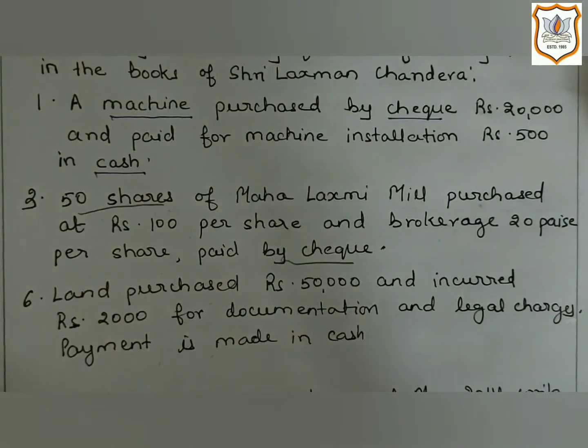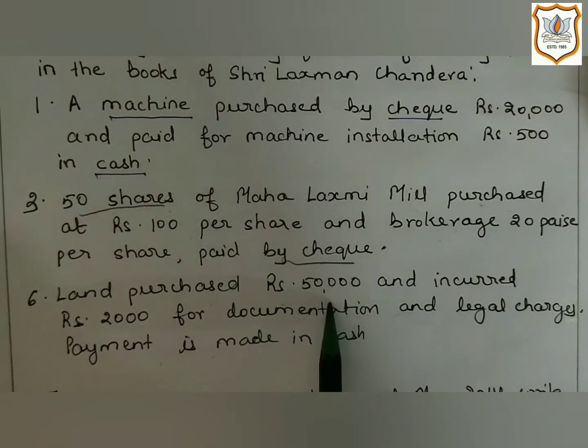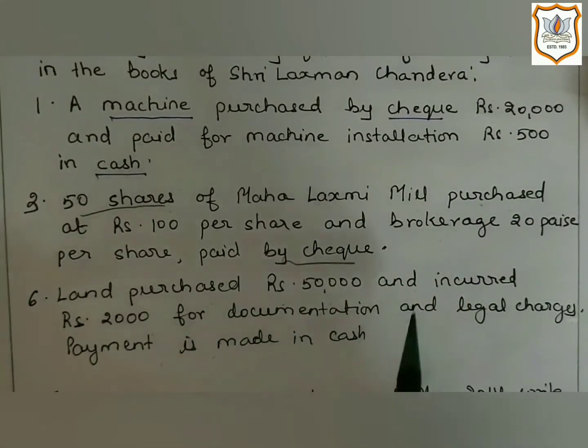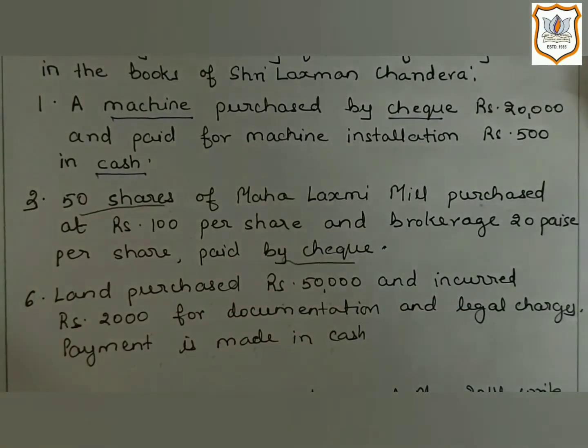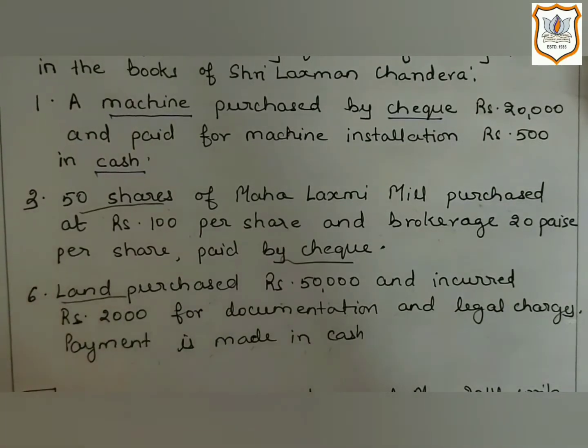Now let's move to next transaction. Land purchased rupees 50,000 and incurred rupees 2,000 for documentation and legal charges. Payment is made in cash. So here also two accounts are involved, that is land account, and as payment is made in cash, so cash account.